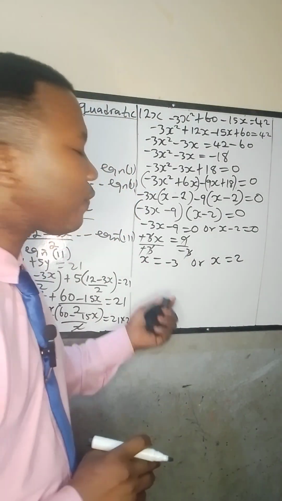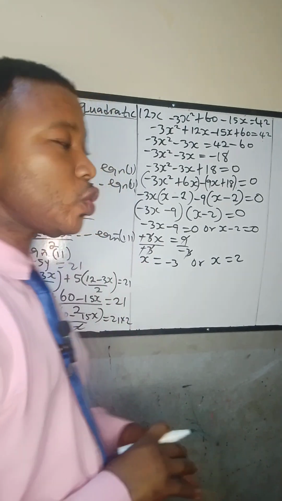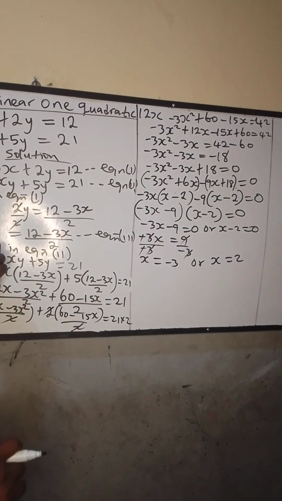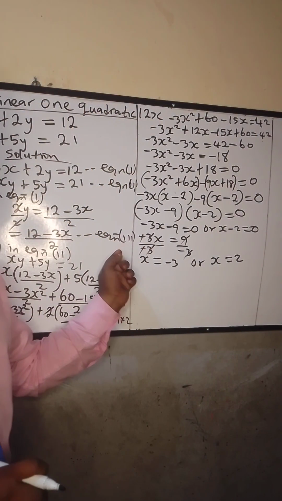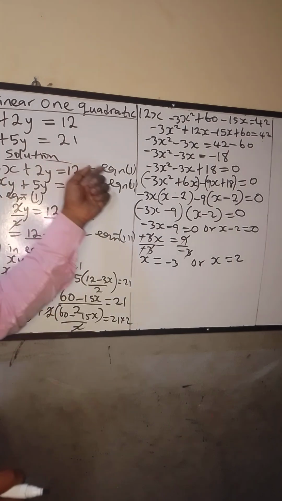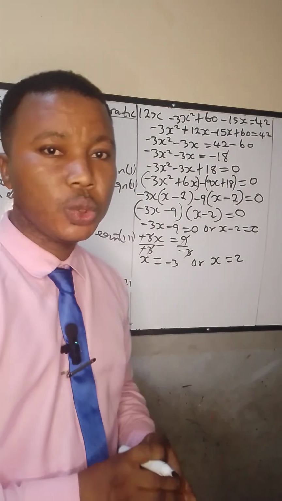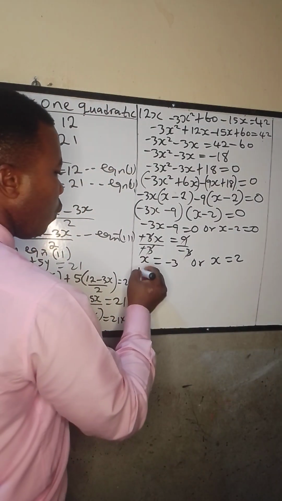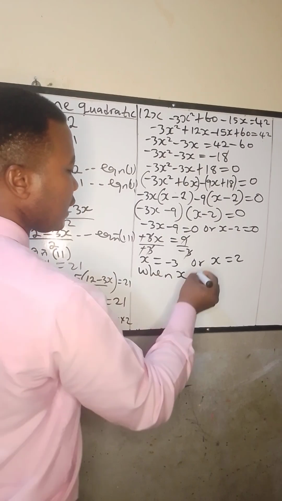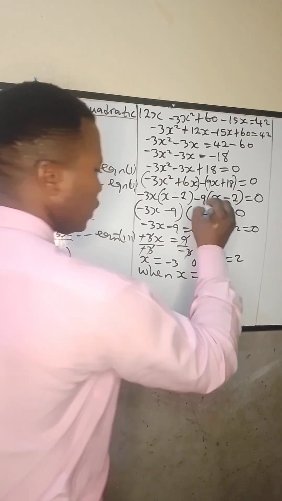Okay, so let's now find our y. Remember, we are not through with the y. We can get our y from equation 3, or we can also get it from equation 1. Now let's take equation 3. So we now say when x is equal to minus 3.